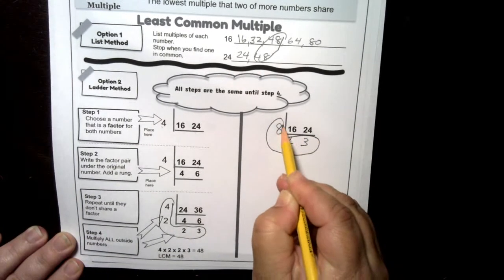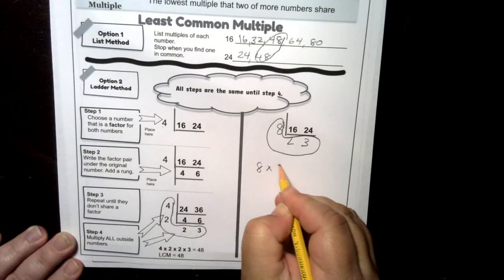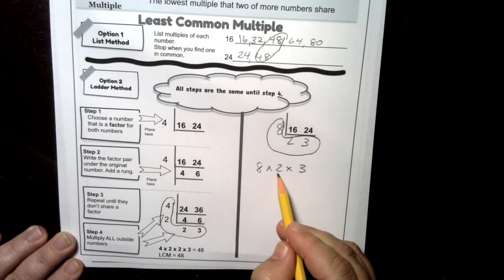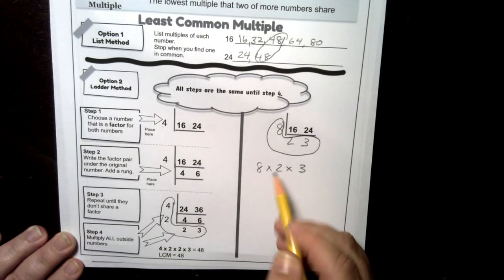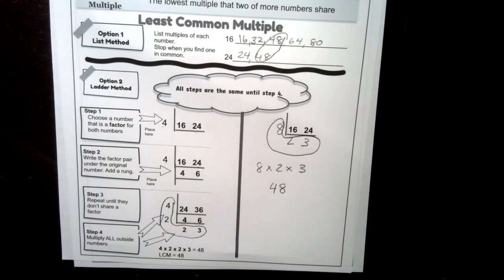I'm going to circle those so I make it obvious that I have an L. And 8 times 2 times 3. I can multiply in any order, so I'm going to go 2 times 3 is 6, and 6 times 8 is 48. So once again, I have found that the least common multiple is 48.